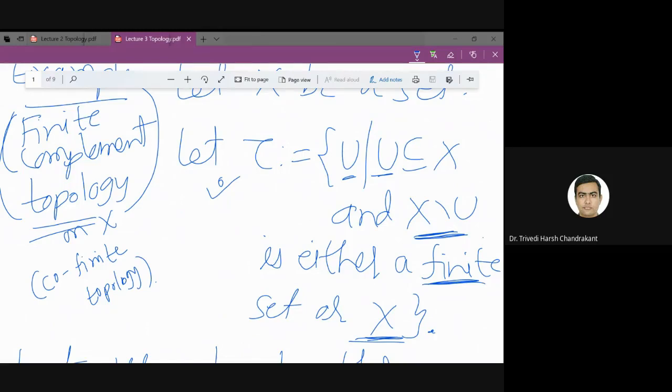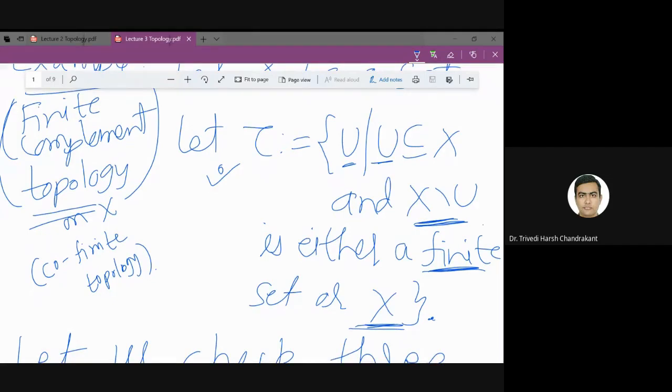Finite complement topology or cofinite topology on a given set X. And then we know that if tau is a topology on X, the elements of tau are called the open sets, open subsets of X.